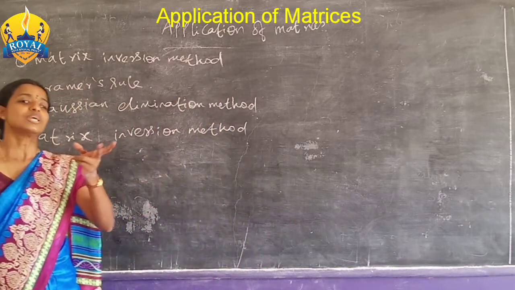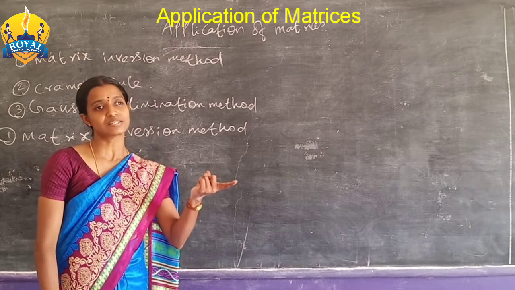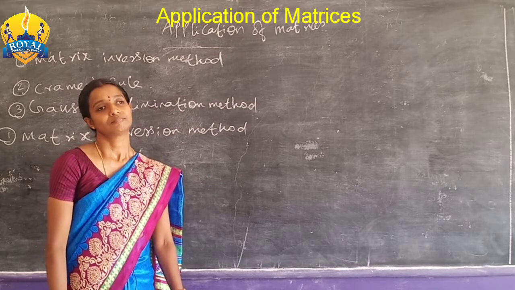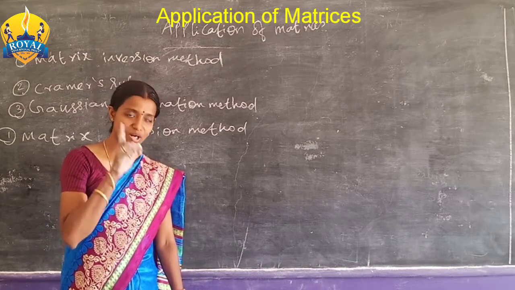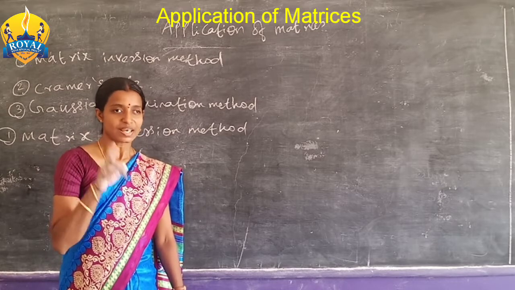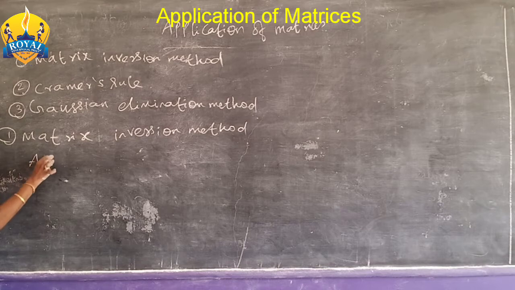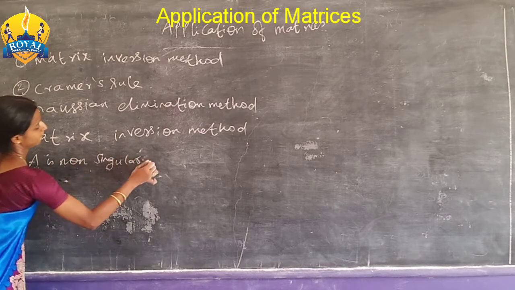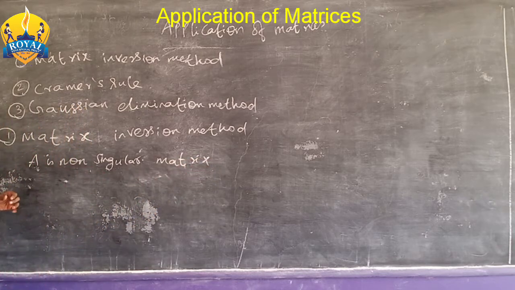So, when does the inverse exist? The inverse exists only if A is a non-singular matrix, which means determinant of A should not be equal to 0, and it should definitely be a square matrix.